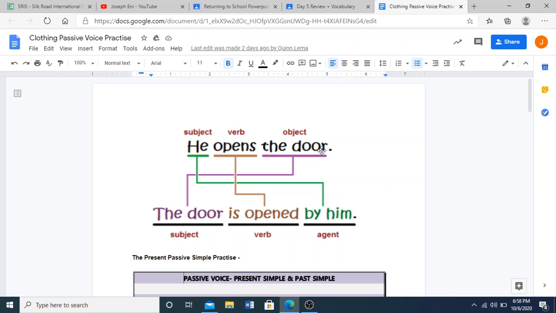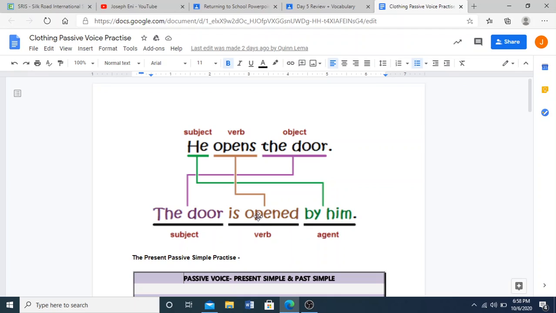So therefore, he opens the door is the sentence. Now we want to change it to the passive. In the passive, it becomes the door is opened by him. The door is opened by him. This makes this sentence a passive sentence because we have an agent here and we have the object. Here, the object is the door. For the passive, the object becomes the subject and the subject becomes the agent.